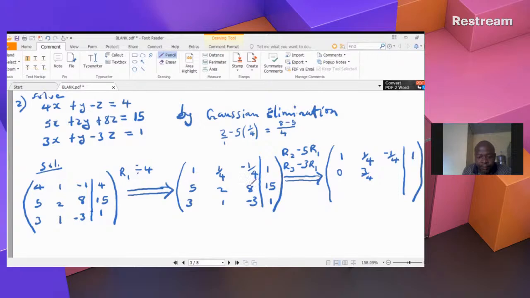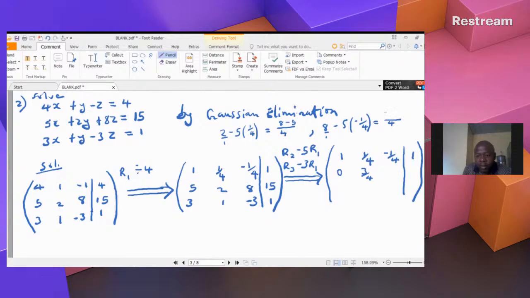And we are here, 8 minus 5 multiplied by negative a quarter. And the LCM is 4. This is 1 here.